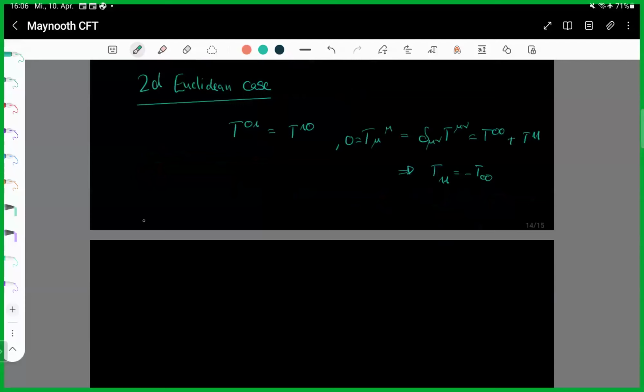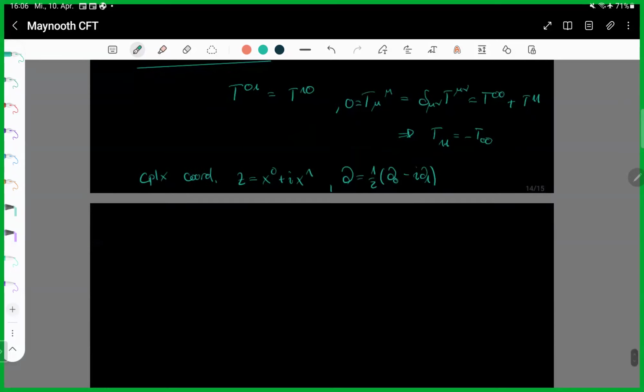And then when you go to complex coordinates, let me remind you of the complex coordinate. Z is x0 plus i x1, and the partial derivative is 1/2 (del 0 minus i del 1).